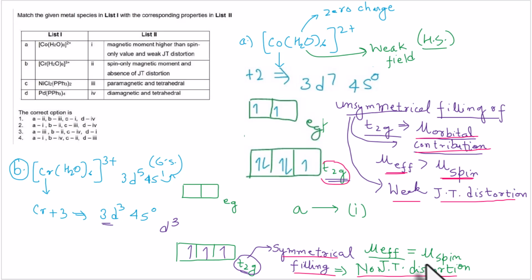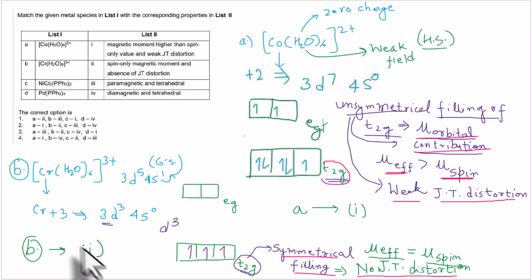Now let us see if we have any statement near to this conclusion. Yes, spin only magnetic moment and absence of JT distortion. Yes, the second statement says the complex has only spin only magnetic moment and there is no Jahn-Teller distortion. So our complex B will correspond to statement 2.